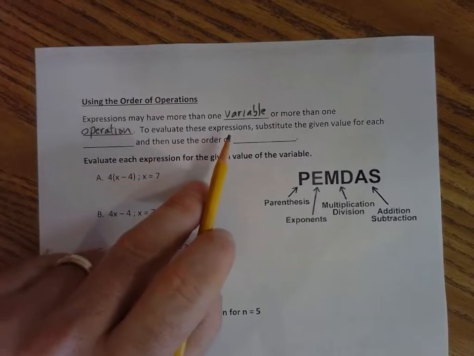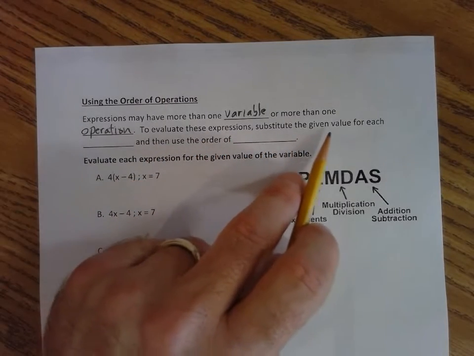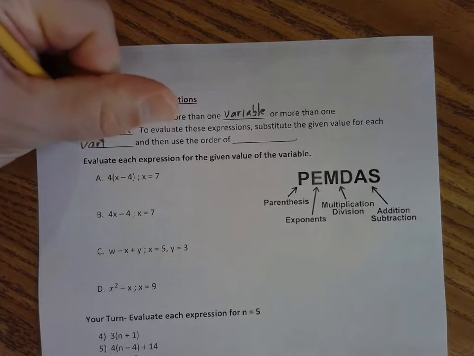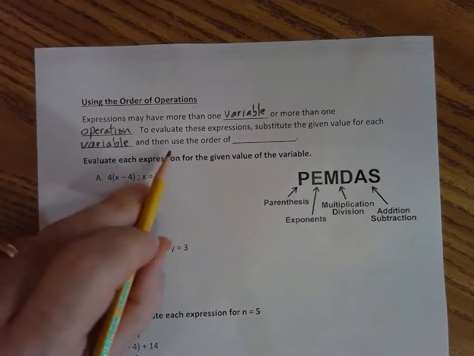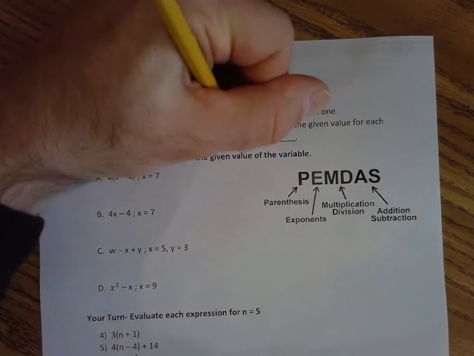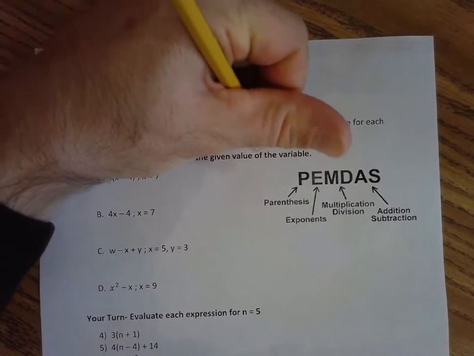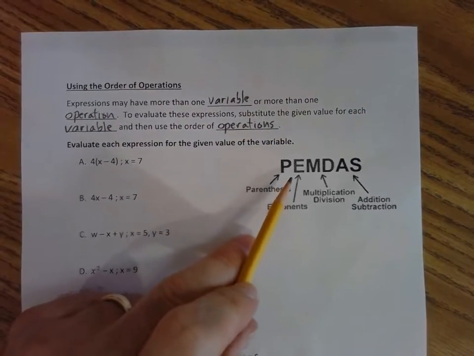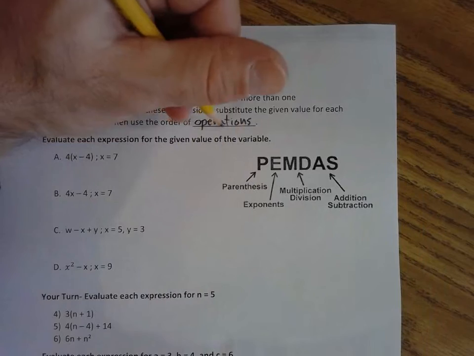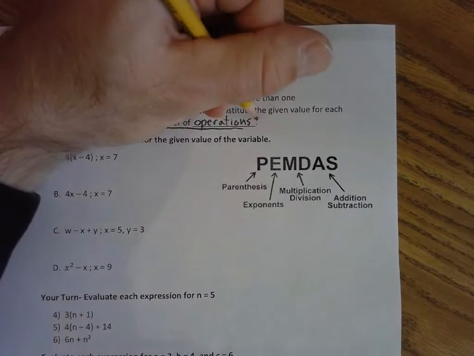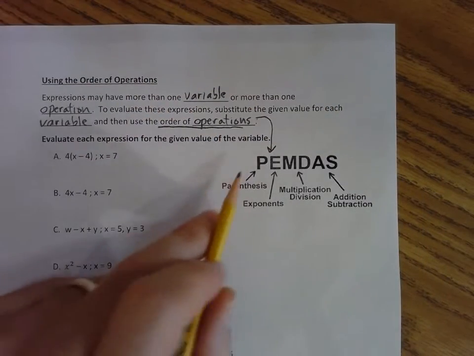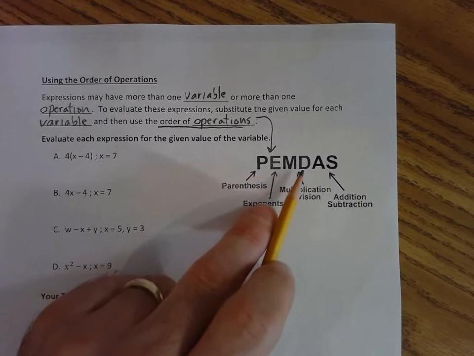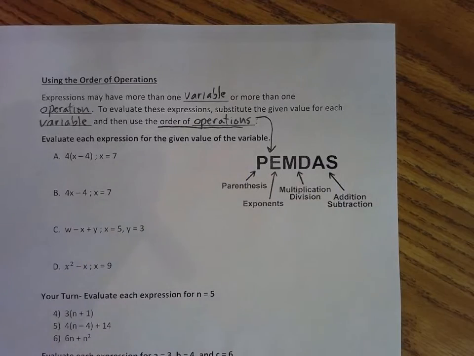To evaluate these expressions, substitute the given value for each variable and then use the order of operations. So remember, order of operations is PEMDAS, okay? Parentheses, exponents, multiplication and division, addition, subtraction, okay?